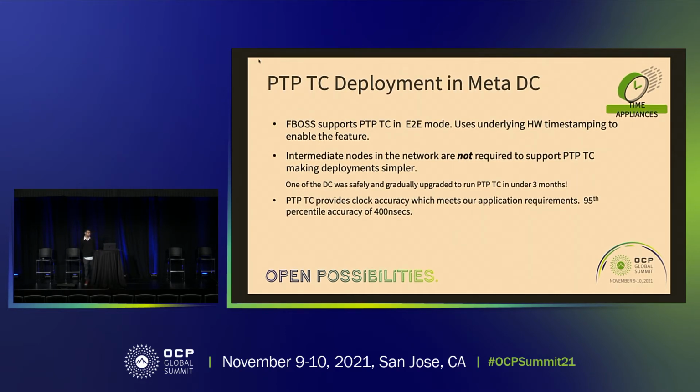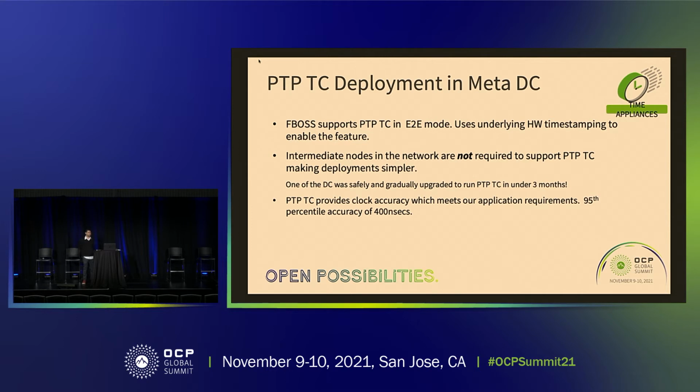So in the Meta DC, when we started looking at Explode, we did go with PTP TC in end-to-end mode. It uses the underlying hardware timestamping to enable the feature. Obviously, the TC in P2P mode is a lot more accurate and scales much better, but we still went with E2E mode because it's the simplest one to implement in a system.